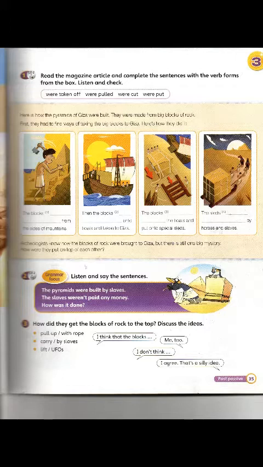Then the blocks were put onto boats and taken to Giza. The blocks were taken off the boats and put onto special sledges. The sledges were pulled by horses and slaves. Archaeologists know how the blocks of rock were brought to Giza, but there is still one big mystery. How were they put on top of each other?